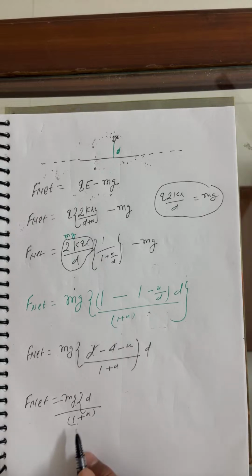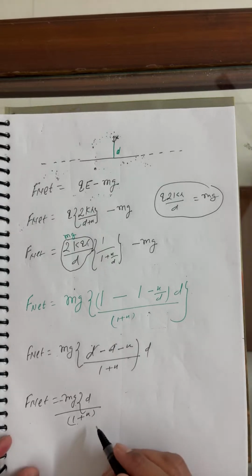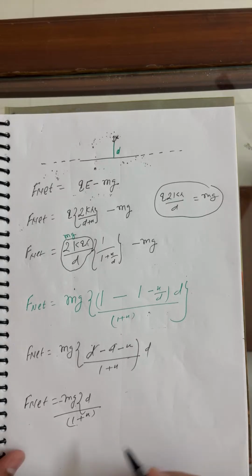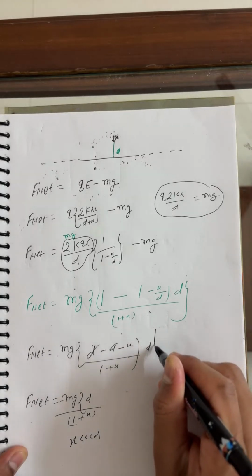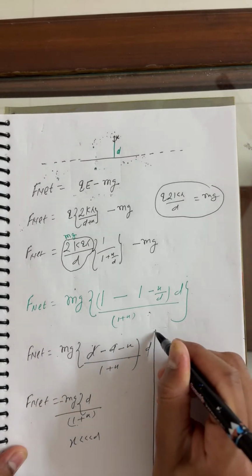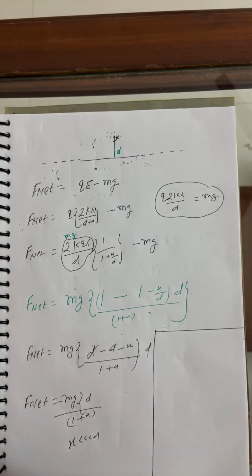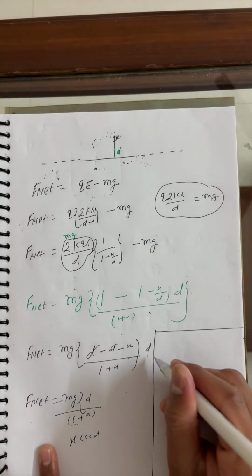You know, this x is ignorable, because x is much less than d, so you can ignore it. This is the last calculation for this question.